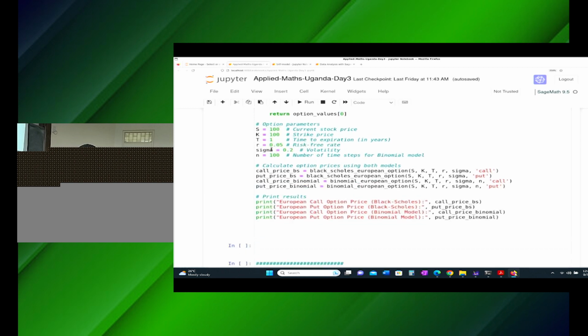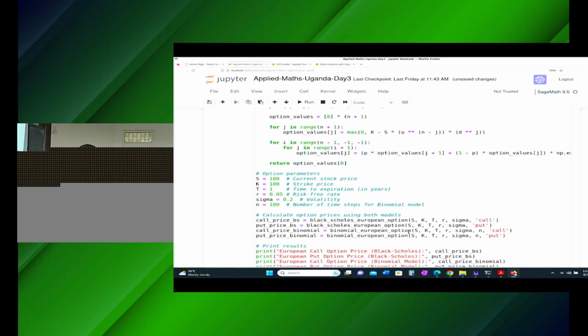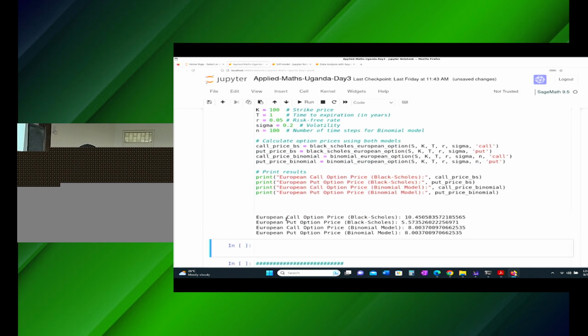And then you put values for the option parameters. The next thing you need to do is to call those functions and put values. Once you call them, you tell it how you want the output to be. And when you run it, it will bring out the result. European call option price, Black-Scholes, is equal to 10. European put option price, Black-Scholes, is equal to 5.